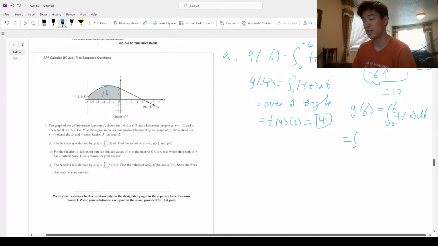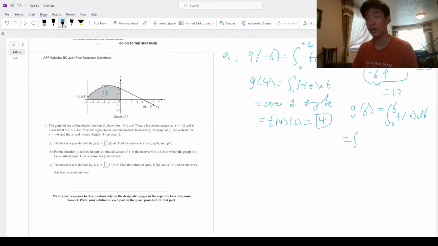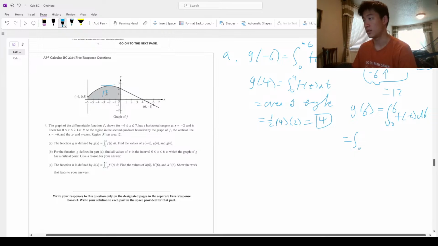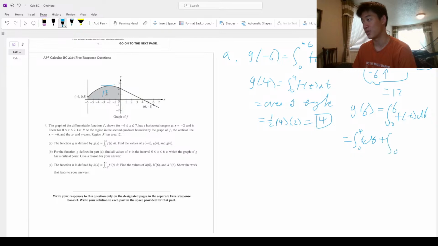So you can express it as the integral from 0 to 4 of f dt plus the integral from 4 to 6. You already know this part here. This is 4. This is 4 minus 1 equals.